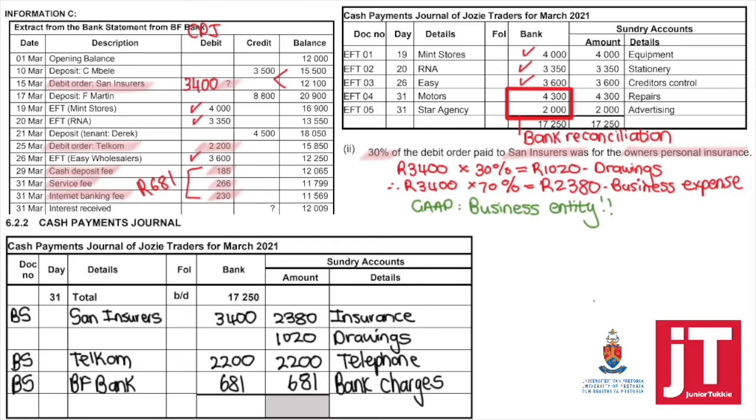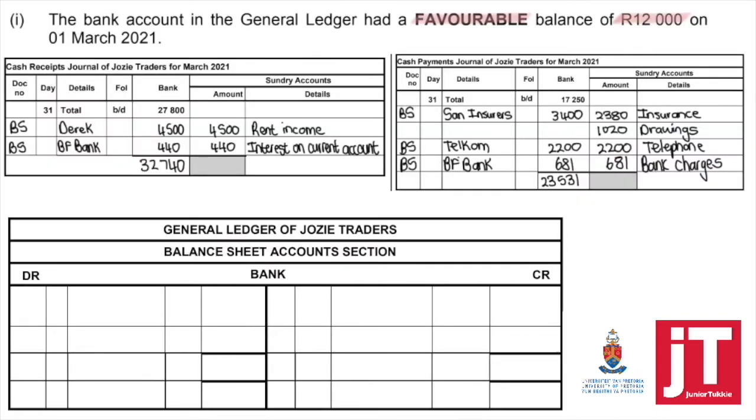How much? 681. For what reason? Bank charges. Once we've taken all the transactions that did not appear in our books but appeared on the bank statement to the cash payment journal, we can total. So the total is 23,531.